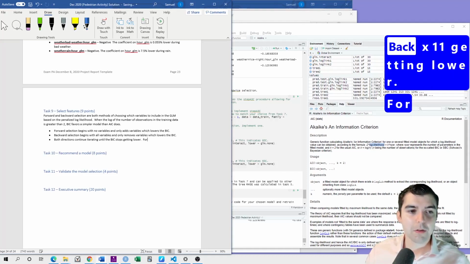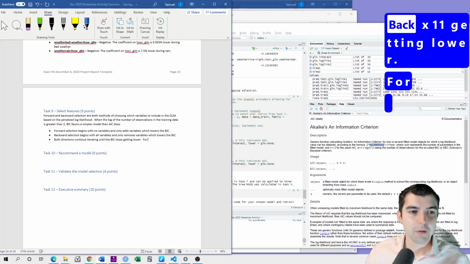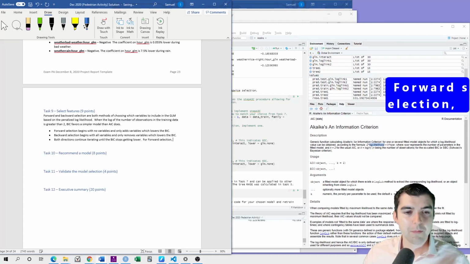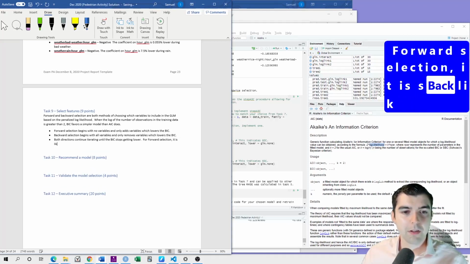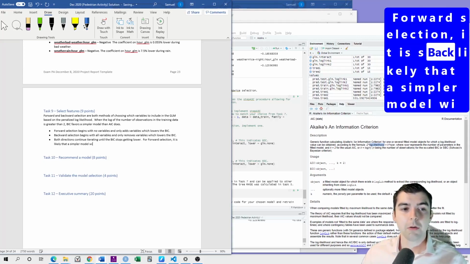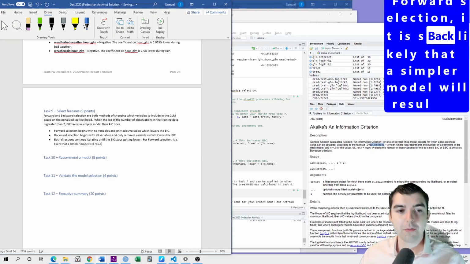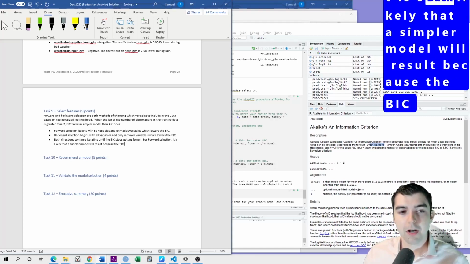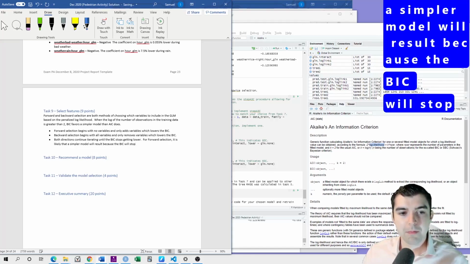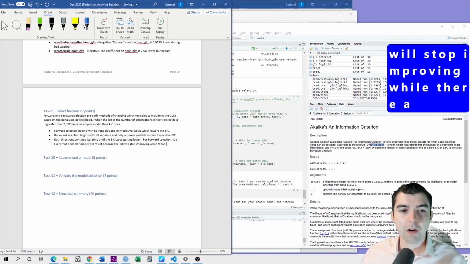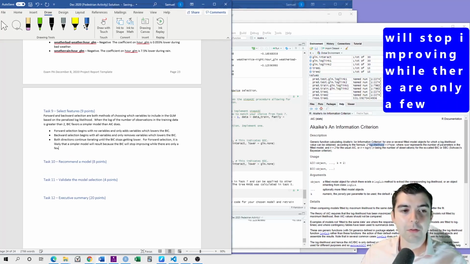So it's possible that for forward selection, it is likely that a simpler model will result because the BIC will stop improving while there are only a few variables.